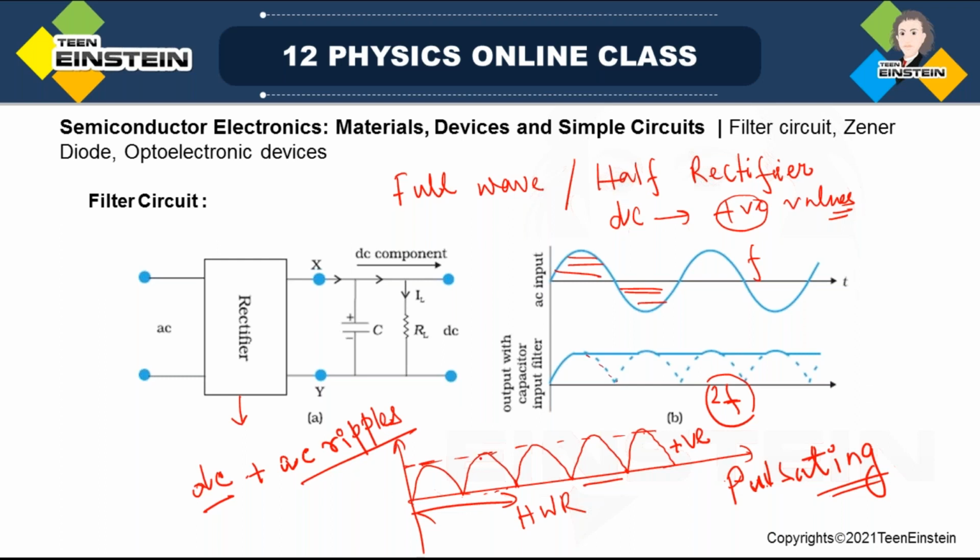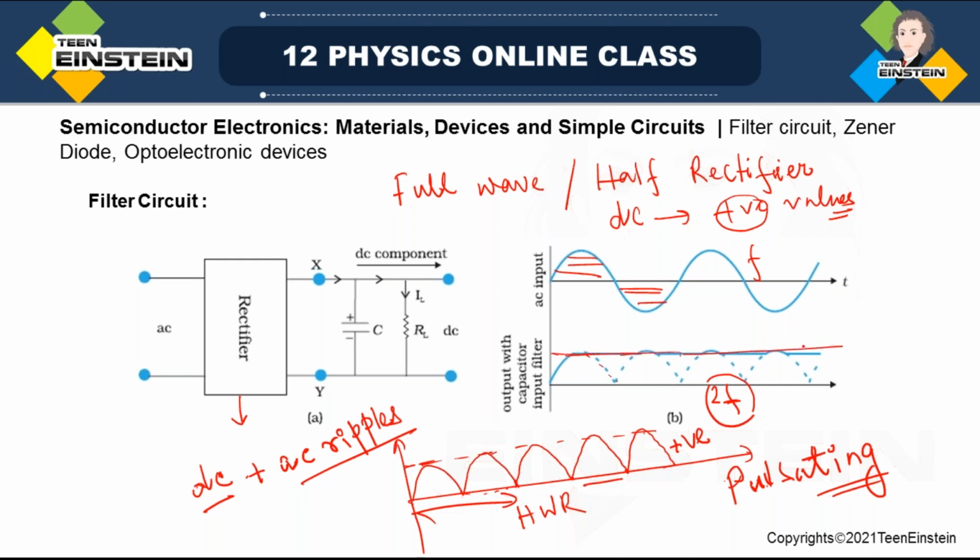So to make this rectifier output signal useful for our application purpose, we have to make it a steady one, like this. You look, this is a steady value.